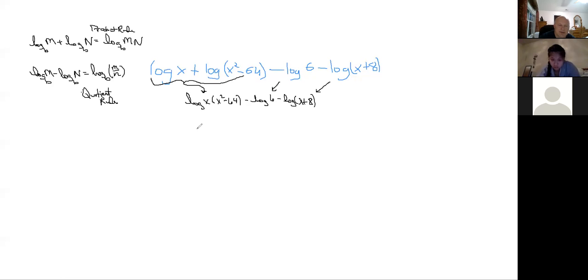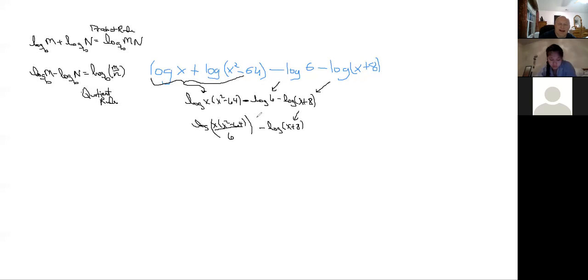So it's going to be the log of x times x squared minus 64 divided by 6, because that minus means I got to use the quotient. And this log of x plus 8 is just going to come down.